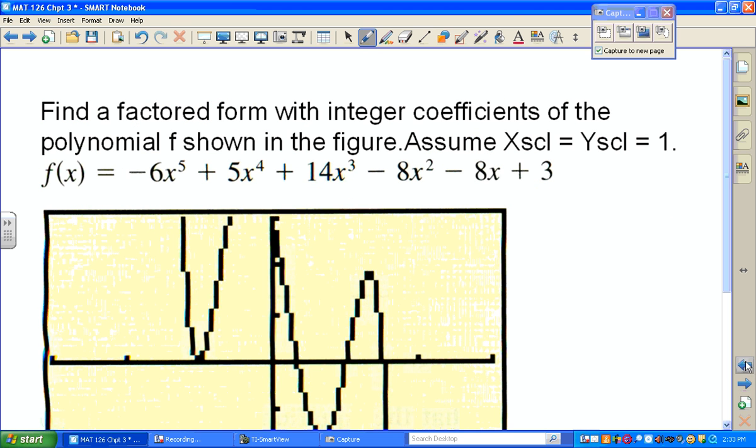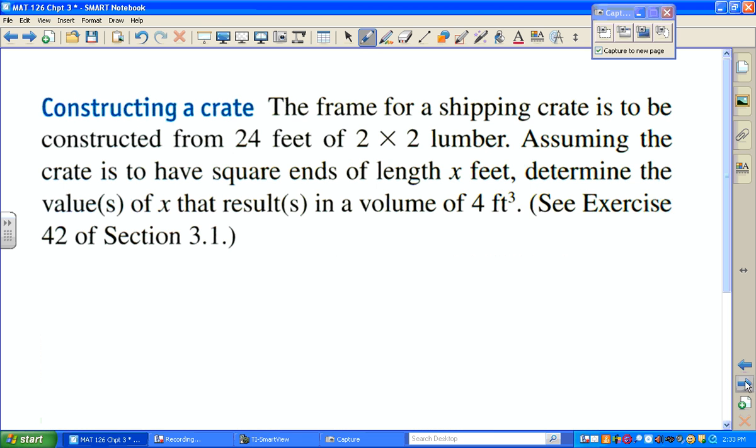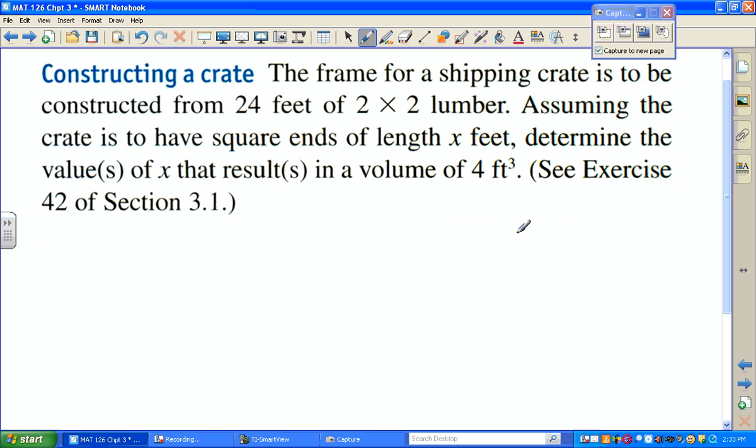I just got 2 word problems to do, don't I? Yep. Constructing a crate. This one is only important because I think it's on your test. And your test will be after Thanksgiving. We won't have a test Friday, will we? No, I don't think so. Maybe. Good. Okay, maybe. Oh, that's right. You're bringing me back a meat. Okay.